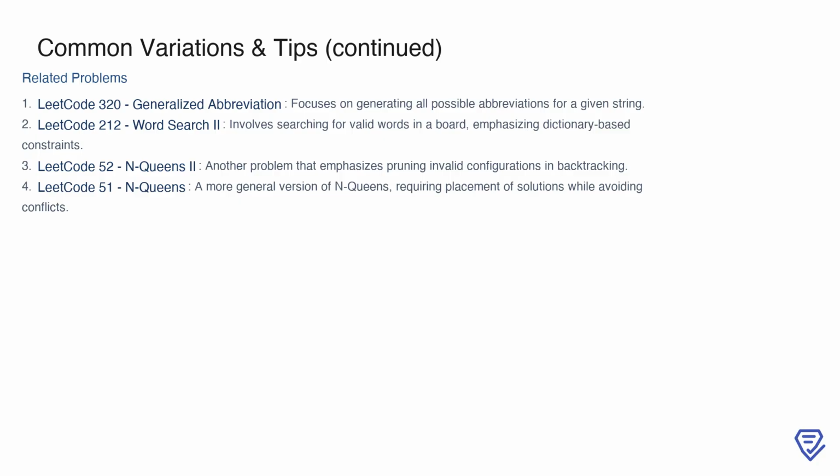Meanwhile, LeetCode 52, N-Queens 2, and its more general version, LeetCode 51, N-Queens, involve pruning invalid configurations during backtracking. These problems are excellent practice for honing your ability to systematically explore possibilities while efficiently ruling out invalid options. By studying these related problems, you can strengthen your understanding of the techniques needed for this challenge, such as backtracking, pruning, and efficient constraint management.